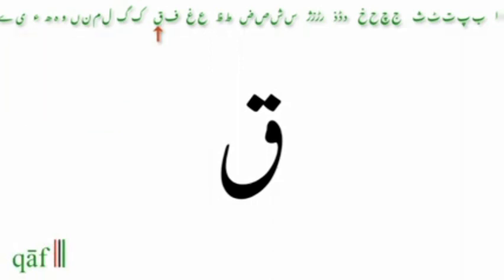Qaf. And I believe this sound is made by touching the back of your tongue against the uvula. That's that dangly thing at the back of your throat. So it's qaf. And next we have qaf.